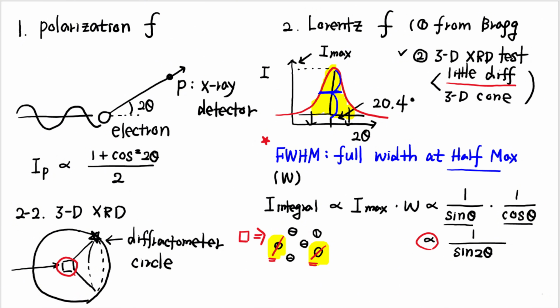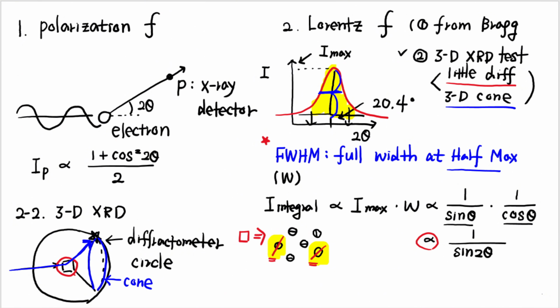Also, we consider another thing. After diffraction, we simply consider only two-dimensional space, and then only this one. But the real experiment happens in three-dimensional space. So diffraction will be made along this kind of circle, right? So we need to consider this cone structure. Cone. So a 3D cone here.